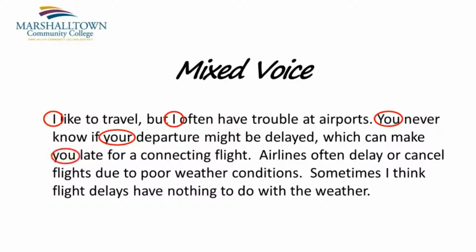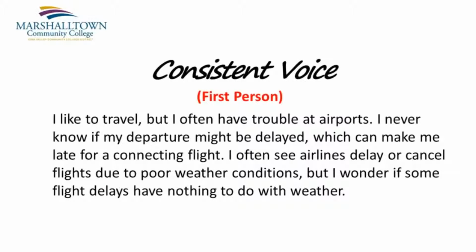The next sentence is in third-person voice because it refers to the subject of the paragraph only. This is followed by another sentence in first person, using the word I.